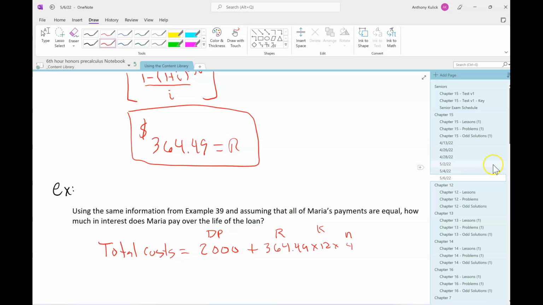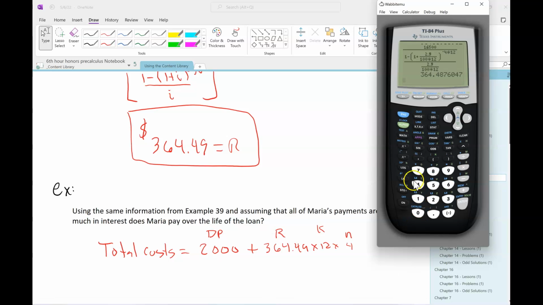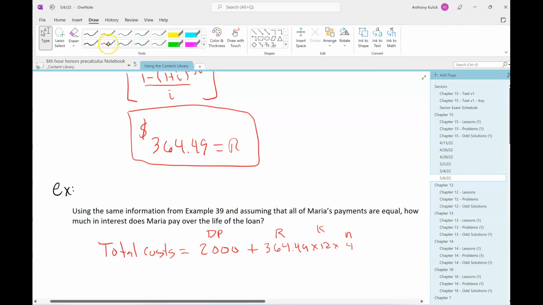Everybody cool with that? That's what I end up paying for that car. So $19,495.41.